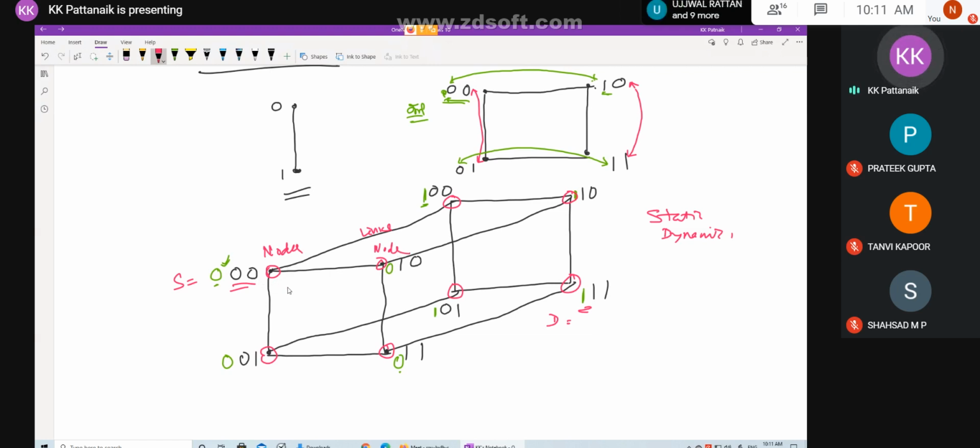Now, in cloud computing, suppose the cloud nodes are arranged in a 3D hypercube fashion. If the load on this node is, let's say, W1 at a given time, and a part of this load, let's suppose W1 over 4, needs to be offloaded from this node to some other node, which node should it be?